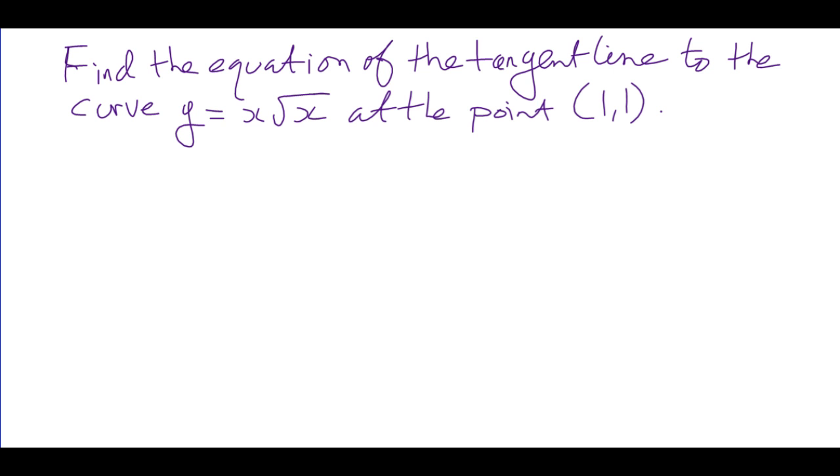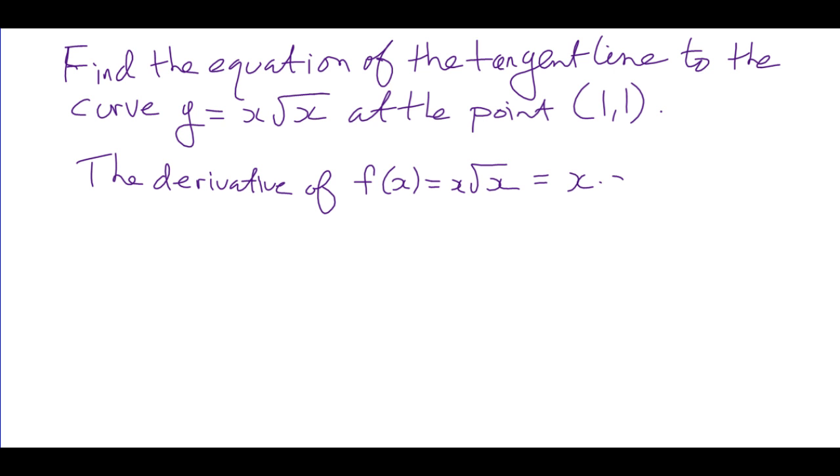We're working on this, so the derivative. What do we want to find? The derivative of f of x, which is x root x, which is x times x to the half, which is x to the 3 halves, right?